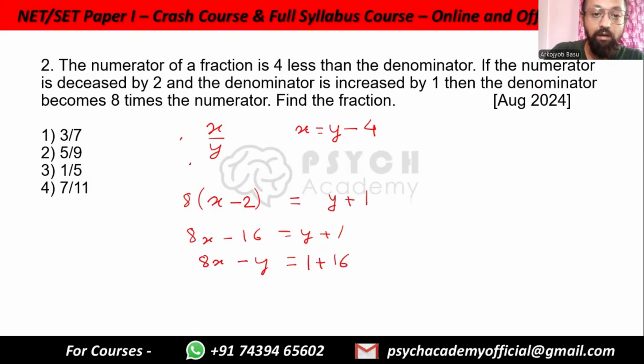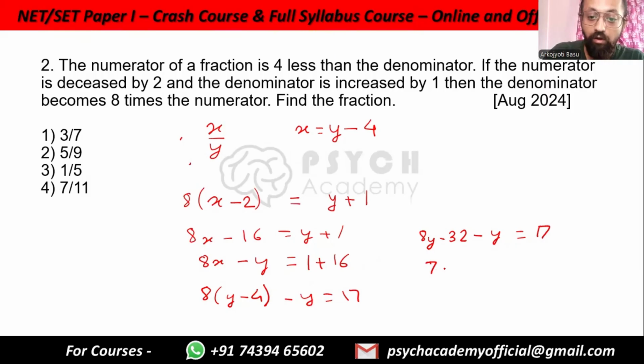Now we already know x is y minus 4, which means 8 into y minus 4 minus y is equal to 17. That is 8y minus 32 minus y is equal to 17, or 7y is equal to 17 plus 32, is equal to 49.